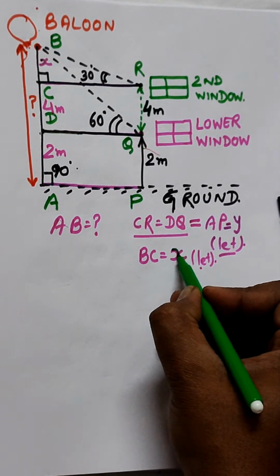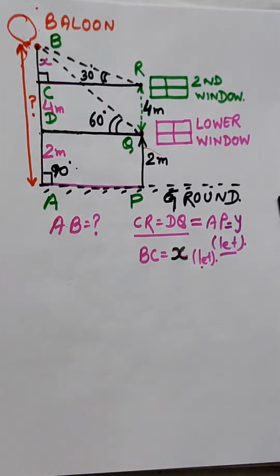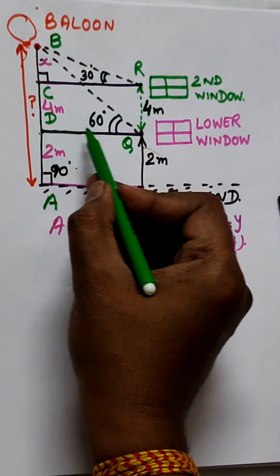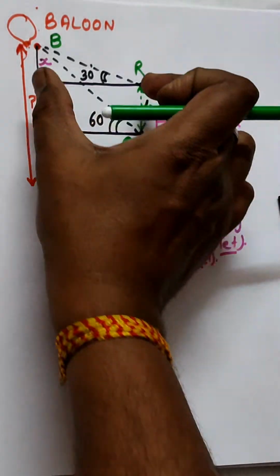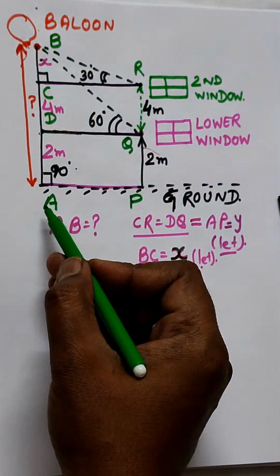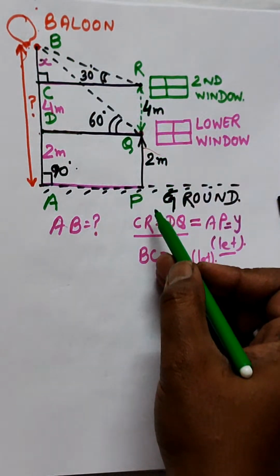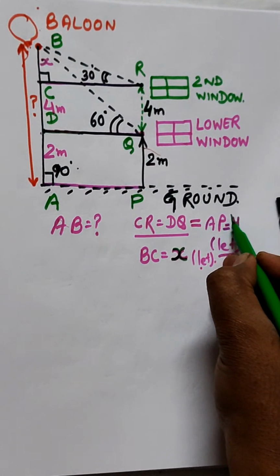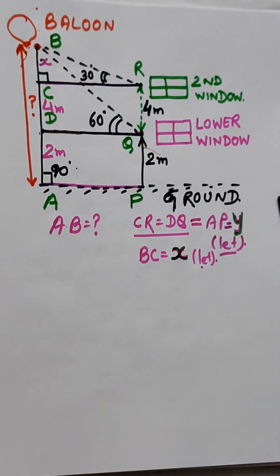So we have assumed two variables over here. One is BC equal to X and another is CR equal to DQ equal to AP, because all these three lengths are equal. The horizontal distance between the straight line from balloon to ground and the vertical lines of the windows to the ground is equal to Y. We have assumed it, right?